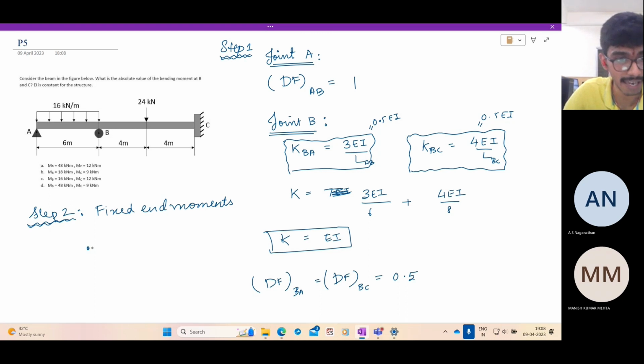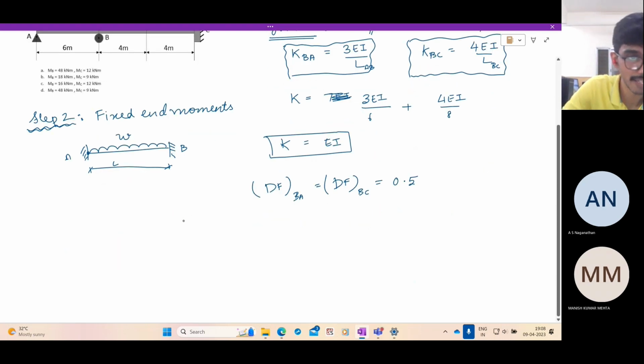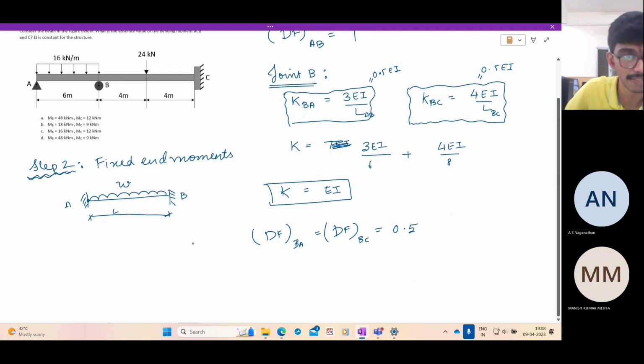If you see span AB, after locking all the rotations, you have something like this: a load W and span L. You can use the conjugate beam method to determine the support moments that are generated.